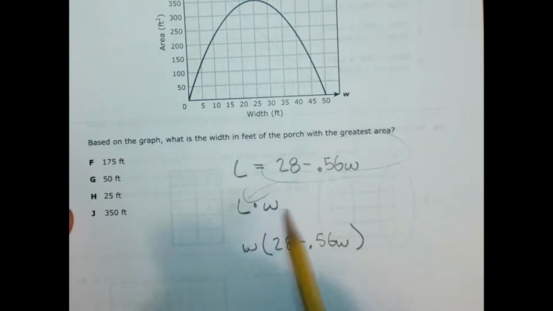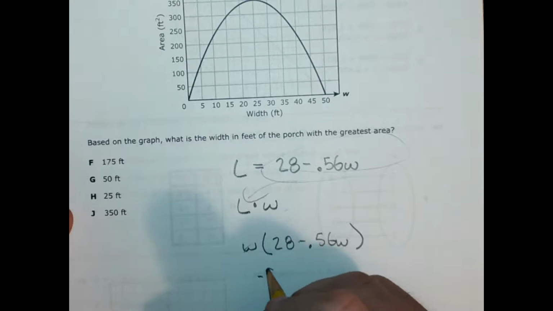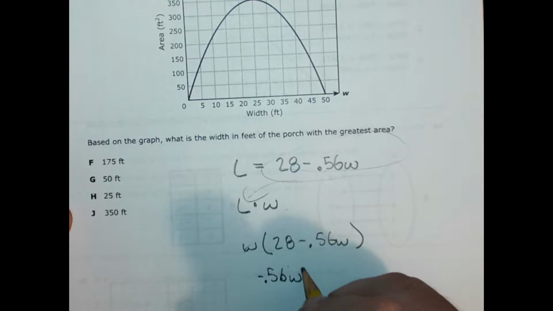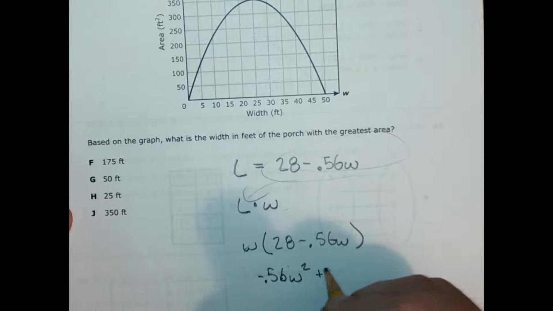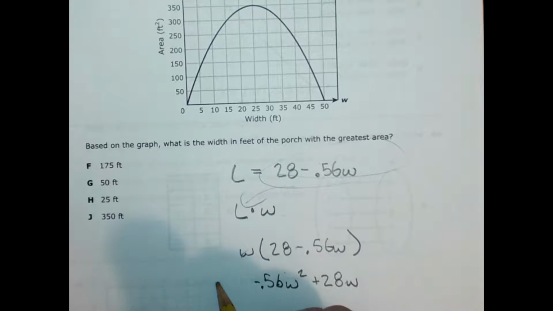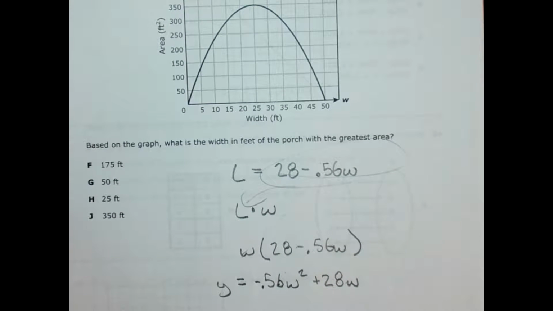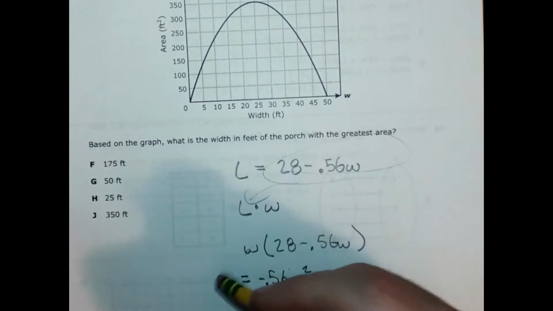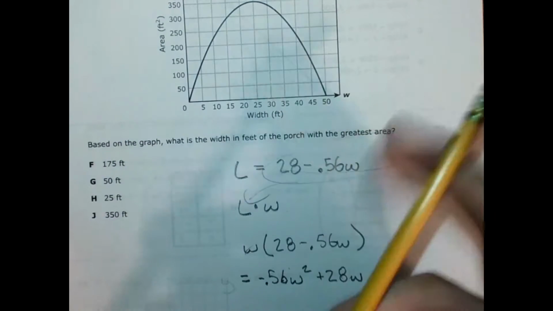Substitute in the length, multiply by the width, and I get negative 0.56 W squared plus 28 W. And we may or may not need this equation, where Y would be the area.